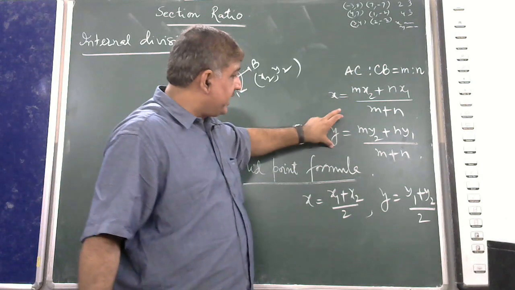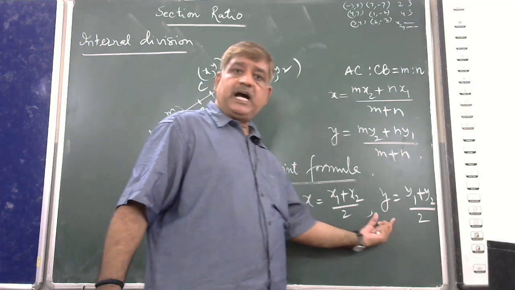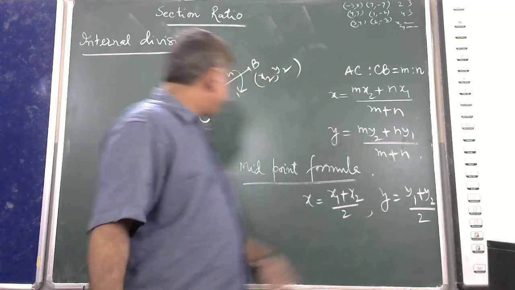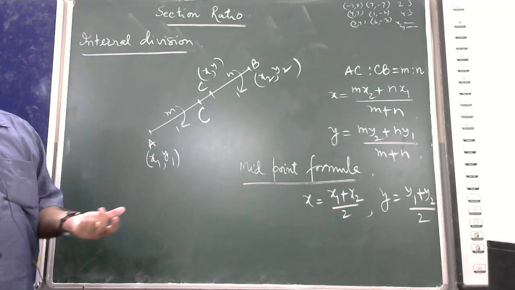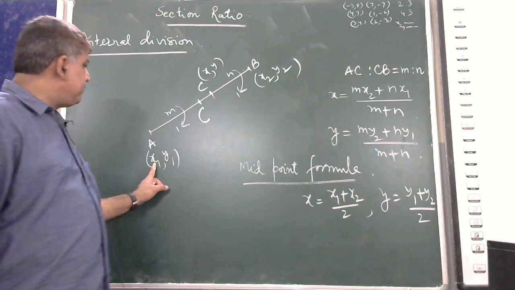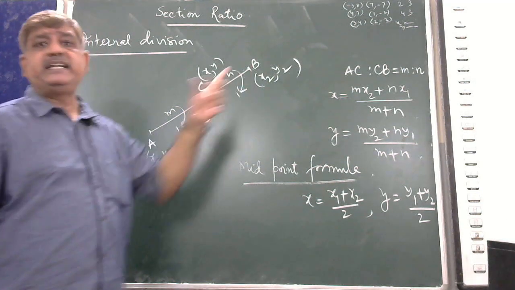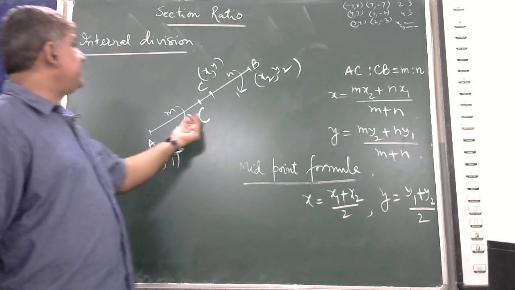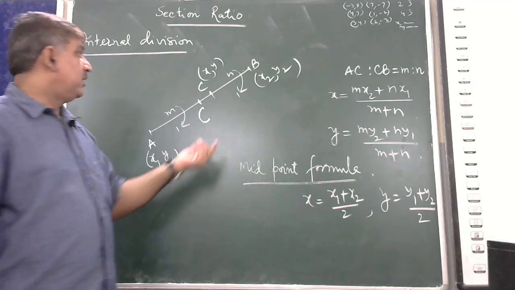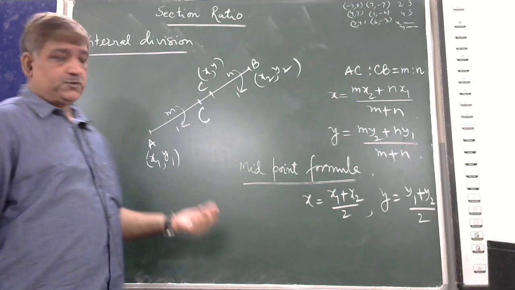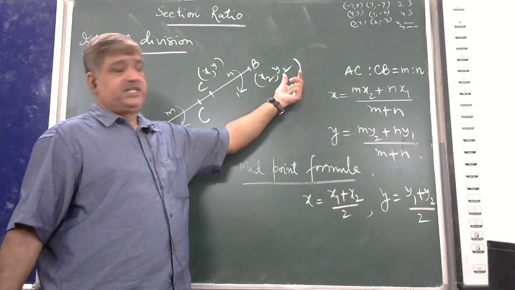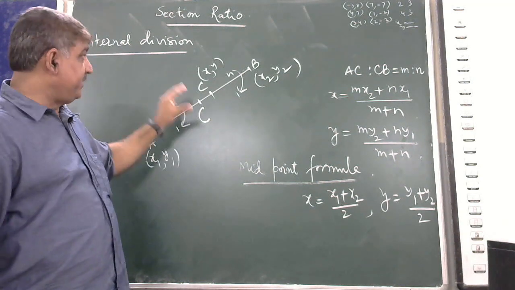So x and y provide you the midpoint formula if C becomes the midpoint. To remember this midpoint formula, you simply add the x coordinates and then divide by 2, meaning just find the average. x1 plus x2 divided by 2, y1 plus y2 divided by 2. This is the midpoint formula.